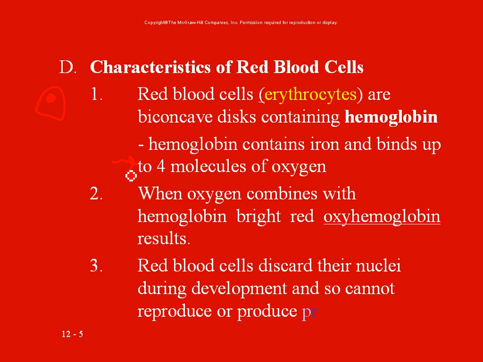Okay, so like we said, these red blood cells discard their nuclei. They originally are formed like most any other cells, and they're formed in the red bone marrow inside of the bones. It's one of the major functions for the bones besides support in the body, etc. And before they leave the red bone marrow, they actually discard their organelles and specifically their nucleus.